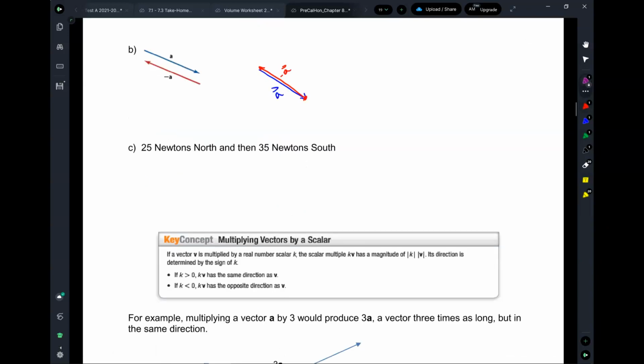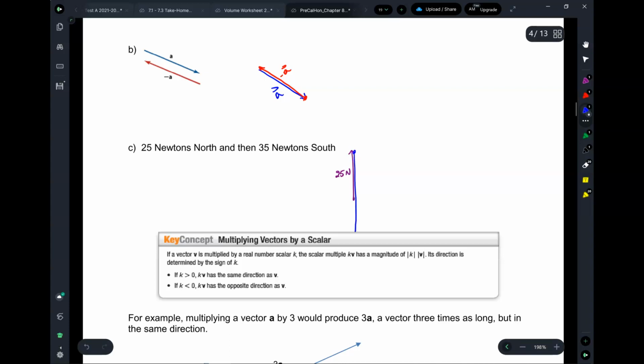25 newtons north, and then 35 newtons south. So if I were to draw an arrow that's 25 newtons north, okay? And then starting from the end of that arrow, I want to draw one that goes 35 newtons south. Where does it go? Down.